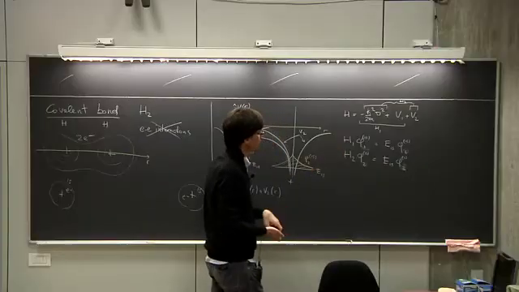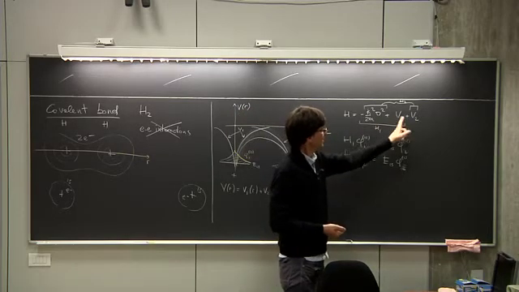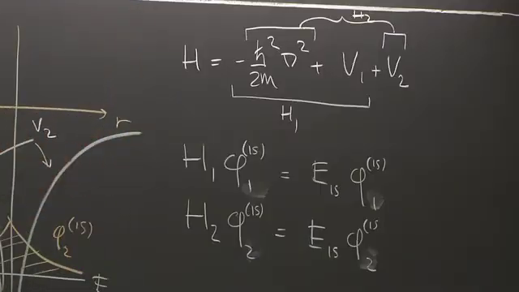My problem is to solve the quantum mechanics of an electron in the potential given by the sum of the two potentials, V1 and V2. Now, in order to solve this problem, I need to make some approximations.